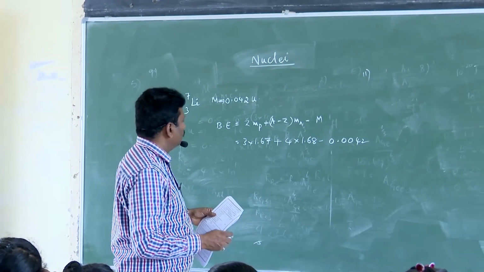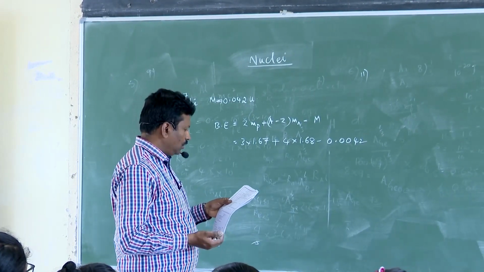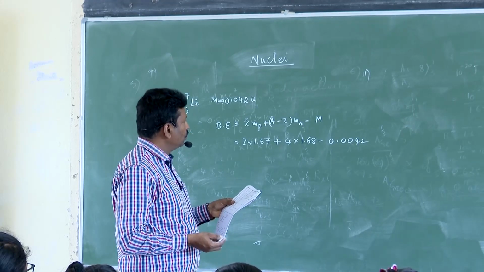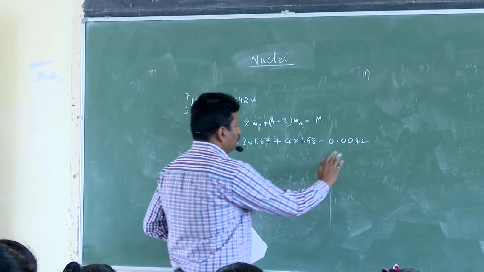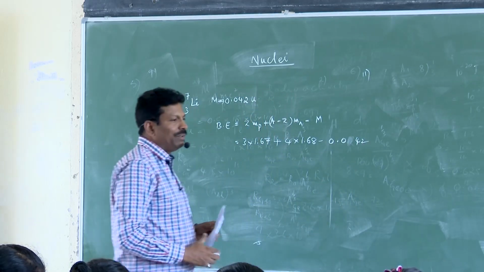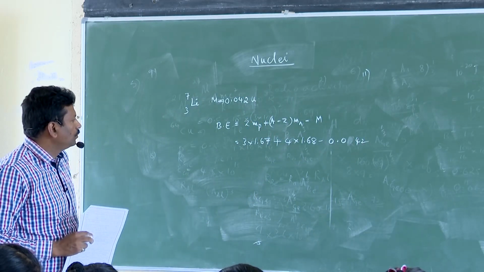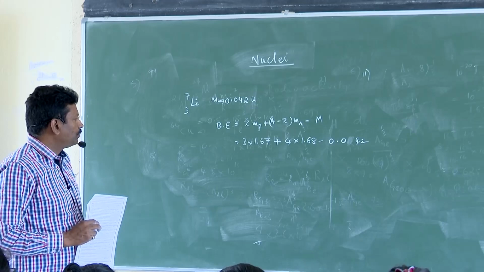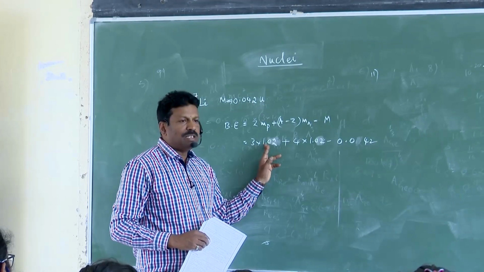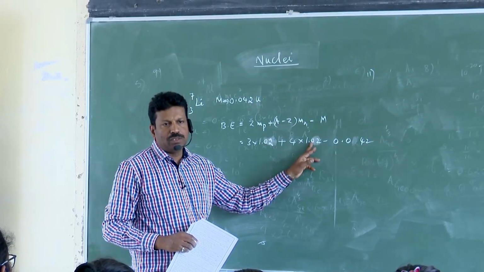I think how much will you get? Can you simplify this now? Mass of proton is almost equal to mass of neutron.